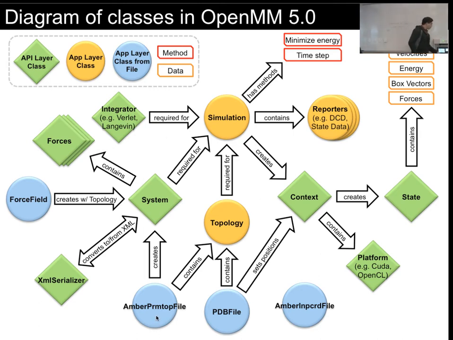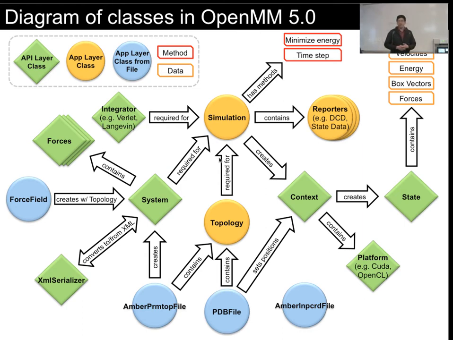Every little symbol is a class that is available to you in your Python script. The diamonds are API layer classes, meaning they're written in C++, and an interface to your Python script is automatically generated, whereas anything that's a circle is an app layer class, meaning that's actually written in Python.